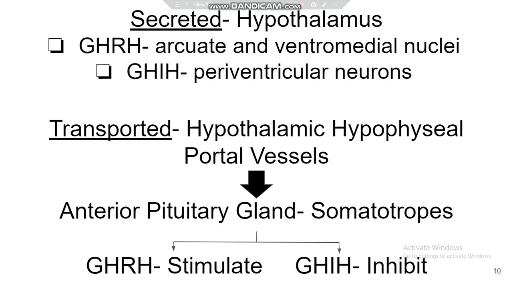Likewise, growth hormone inhibitory hormone by periventricular neurons of the hypothalamus. They are transported through hypothalamic hypophyseal portal vessels to the anterior pituitary gland where they act on somatotropes. Growth hormone releasing hormone stimulates and growth hormone inhibitory hormone inhibits growth hormone secretion.